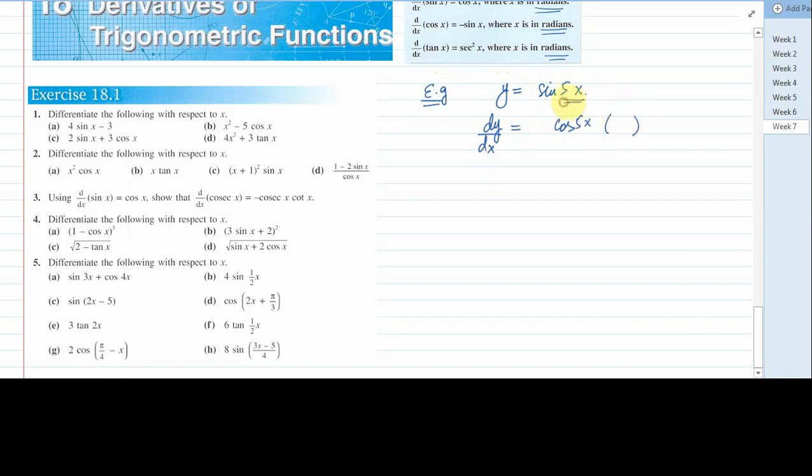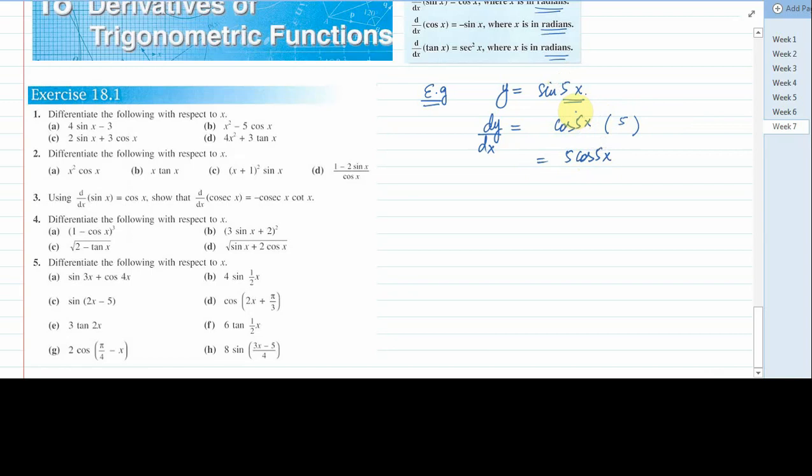The derivative of its angle, that is 5x, is 5, right? The final answer is 5 cos 5x. So the derivative of the trigonometric function and then the derivative of the angle as well. That's how you completely differentiate trigonometric functions.